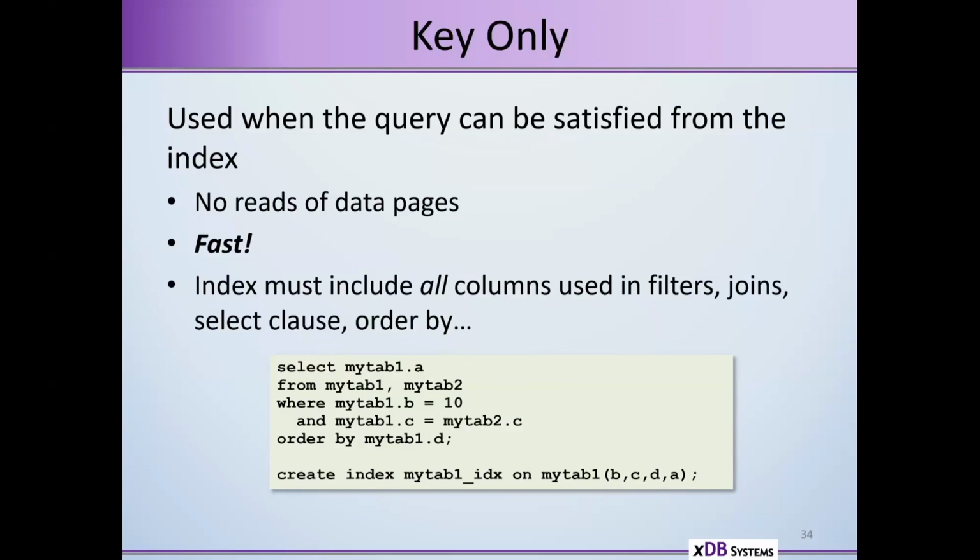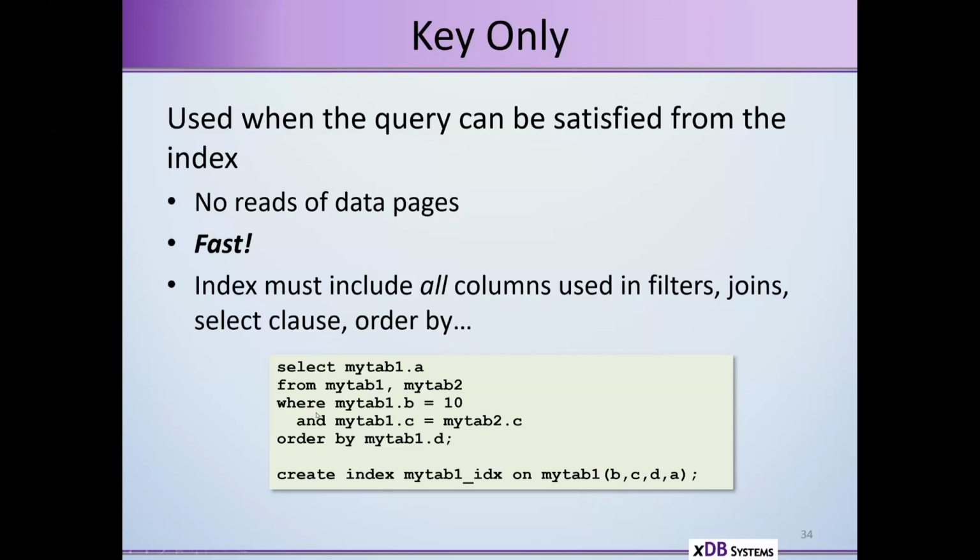So we're going to have fewer reads and therefore things are going to be faster. Now, to get a key only index read, the index must contain all of the columns needed to satisfy the query. Now, that's not just the columns in the where clause, but also the columns in any order bys, any group bys, and the select statements, and also joins.